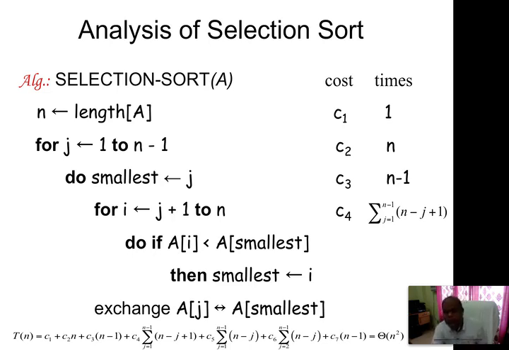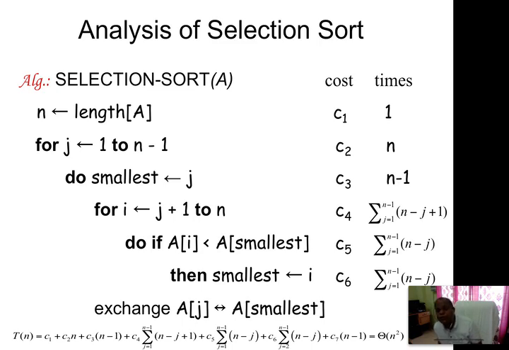Now similarly, j will be from 1 to n minus 1, hence the running will be n minus j plus 1, for j is equal to 1 to n minus 1. For the next one, it is C5, it will run just 1 less than the previous one, hence it is n minus j, j from 1 to n minus 1. The last one is also the same.